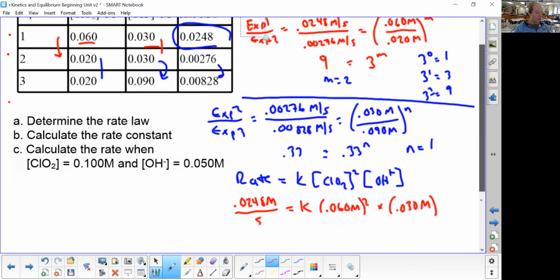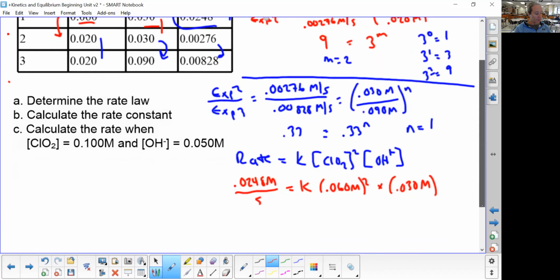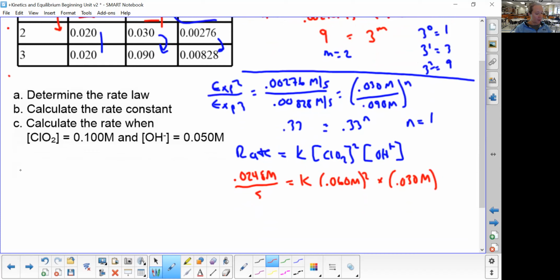When you do that, you have 0.0248 molarity per second is equal to k times 1.08 times 10 to the negative 4. And the units are molarity squared times molarity, so you actually have molarity cubed.